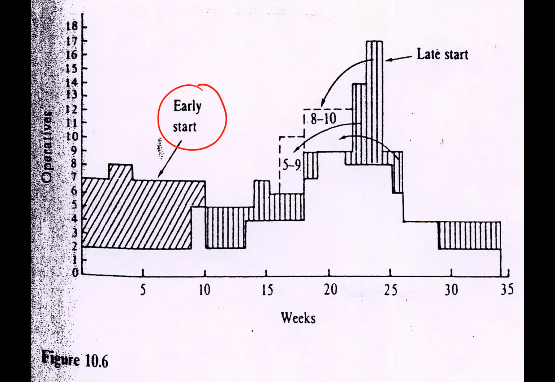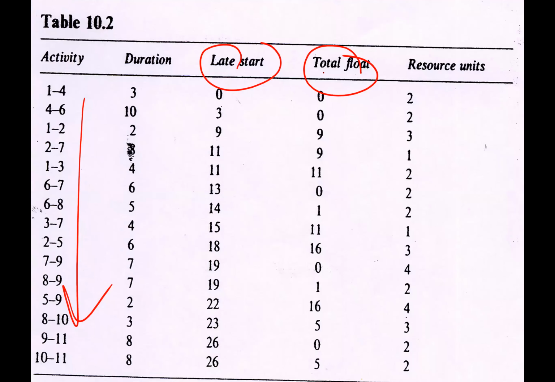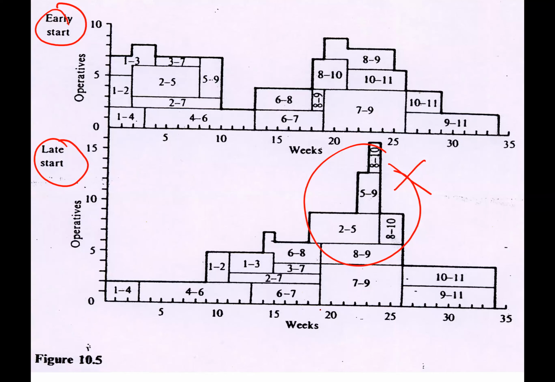What we can do is move certain activities around. If we use the late start, meaning we can move some of the activities to the left within the total float. You notice certain activities do have total float. This one, this one. So these are the ones that we are allowed to move around, as long as we do not encroach into the deadline.